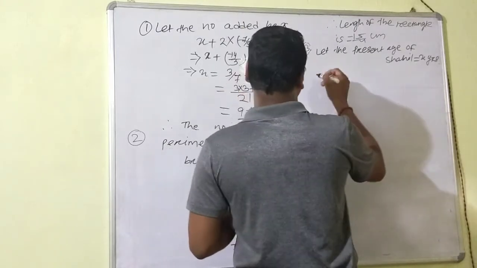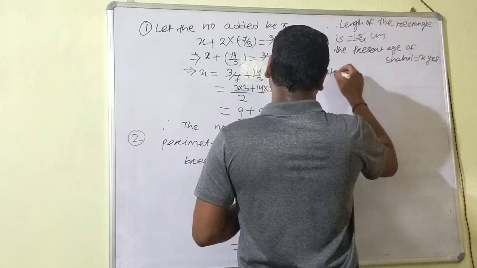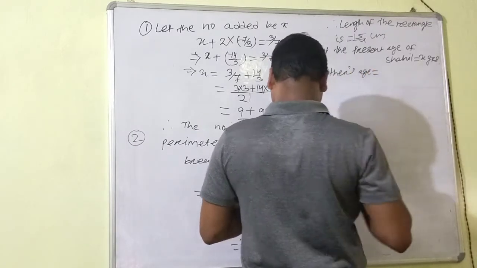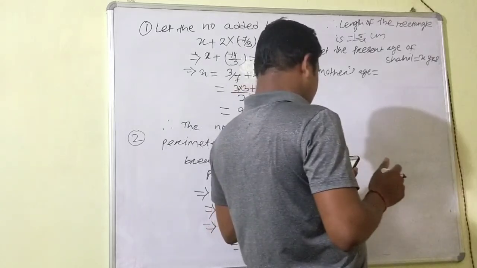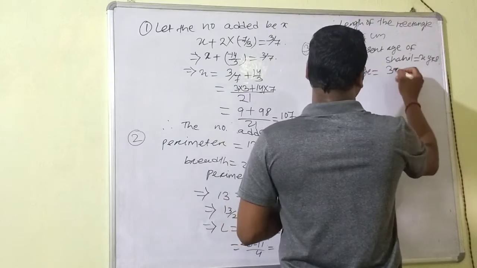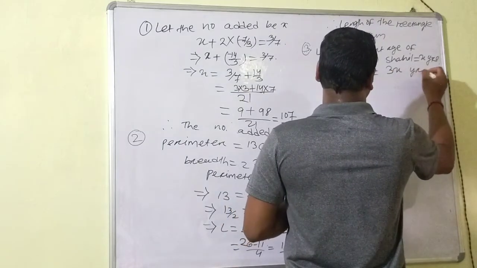Then his mother's age is 3 times the present age of Sahil, that is 3 into x, 3x years.